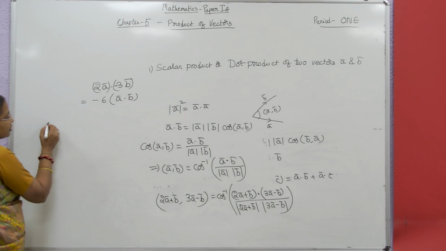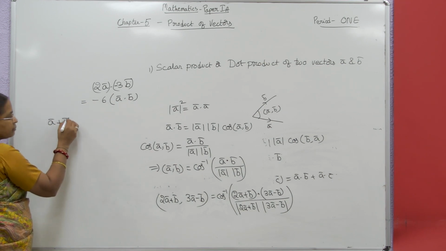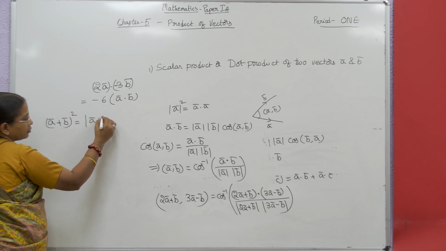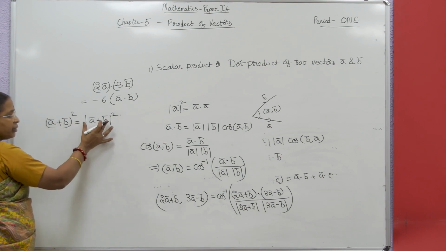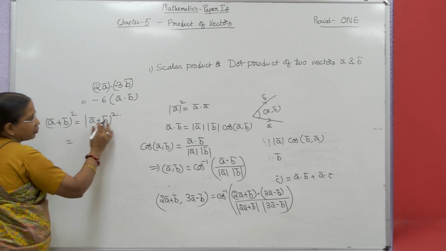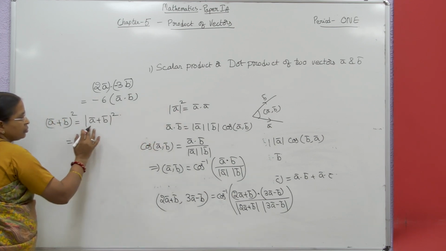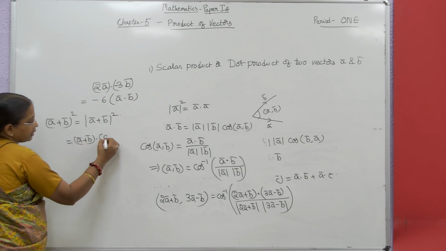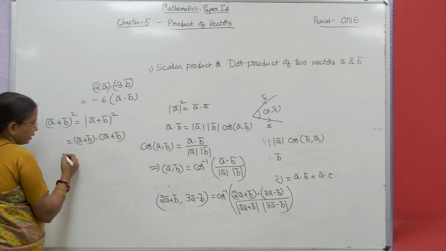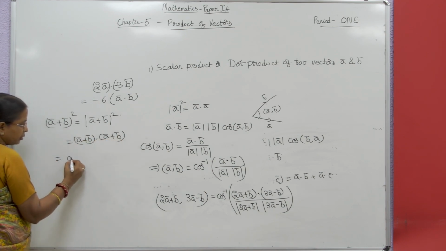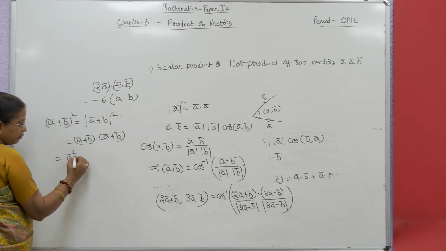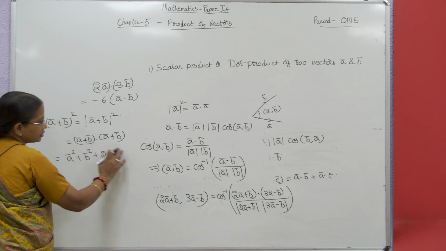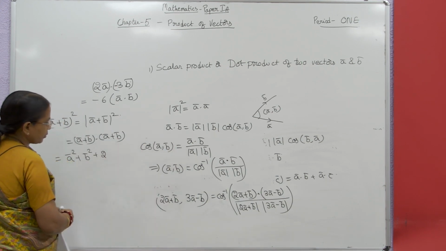Next we have these identities. A plus B whole square is the same as mod A plus B whole square. When you are squaring, you can write in this form, and as you know, mod A square is A dot A. So mod A plus B whole square is A plus B dot A plus B, which is equal to, expand this, A square plus B square plus 2A dot B. Or else you can use the distributive property.